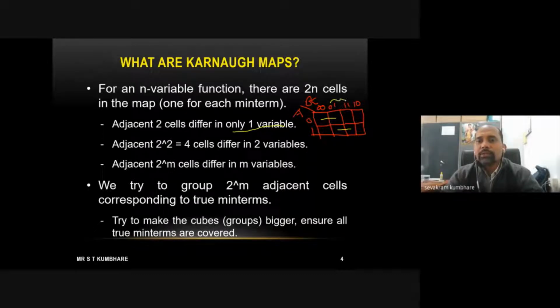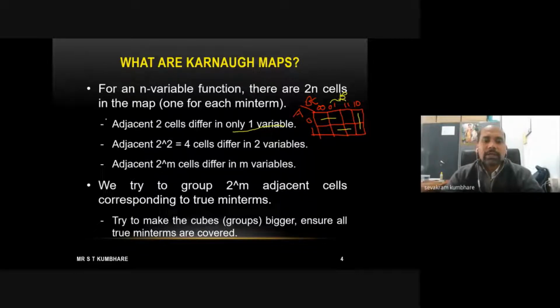Now if I consider these two cells vertically, A is 0 in this row and A is 1 in the other row, so A is changing. But B is 1 and C is 0, which is not changing. So only A is changing.